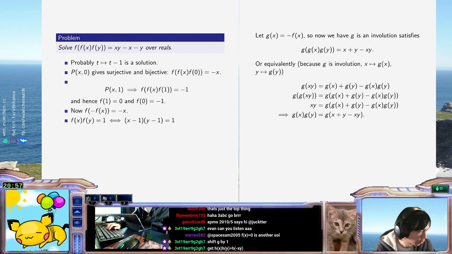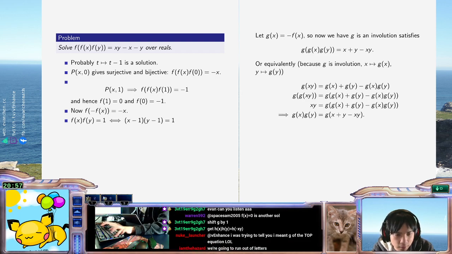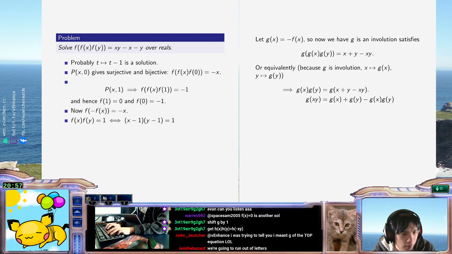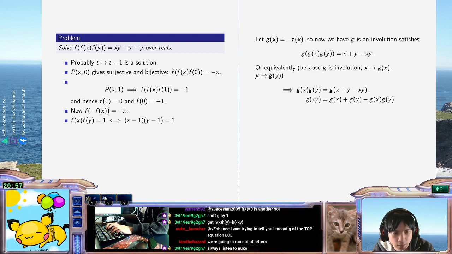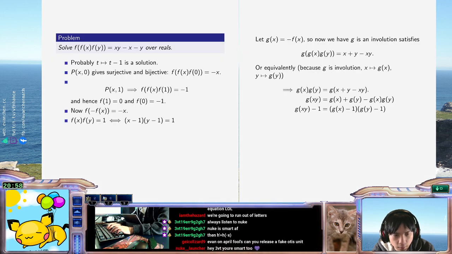Okay, so I'm supposed to shift by 1. Okay, so... Okay. That's not correct.